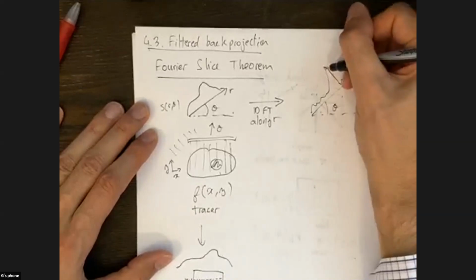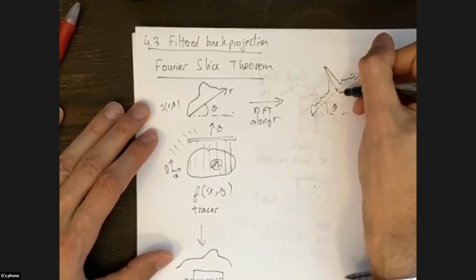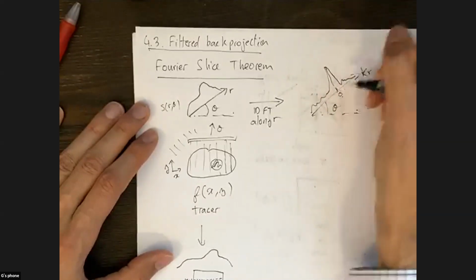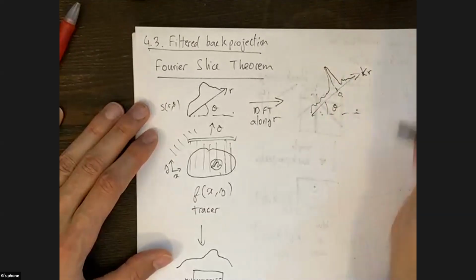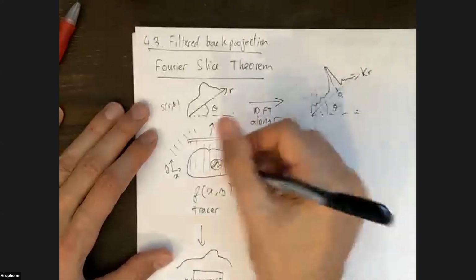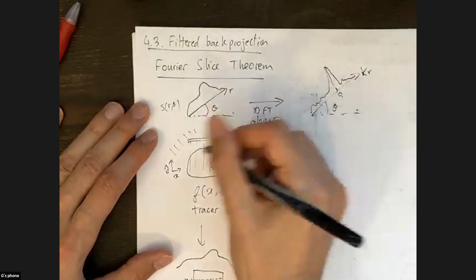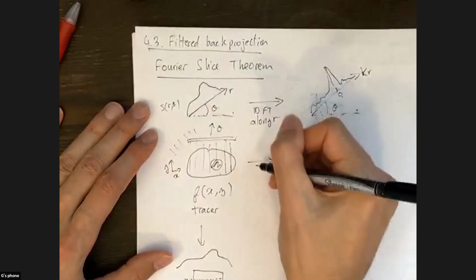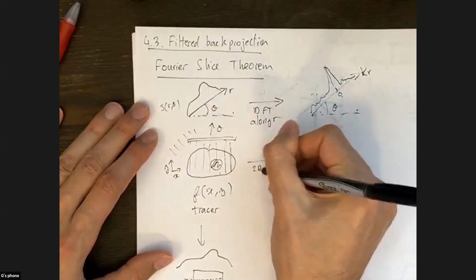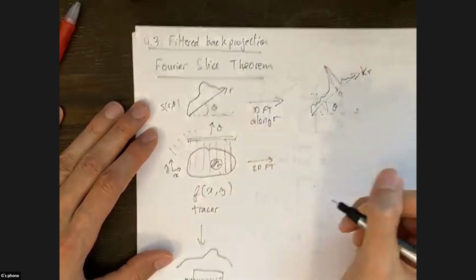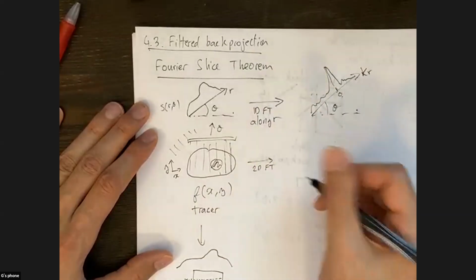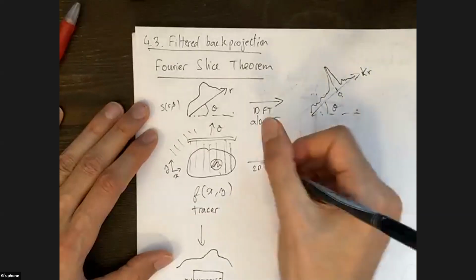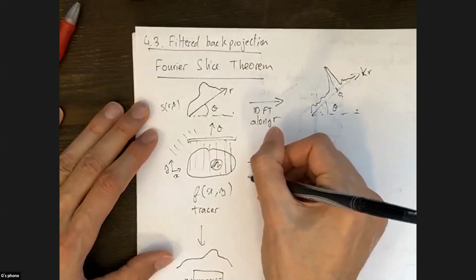Okay, and this would be the DC term, the zero frequency, and these are the low frequencies and the high frequencies. What we can also do is take that 2D distribution of the tracer and take a 2D Fourier transform, and then we can sample it at an angle theta.